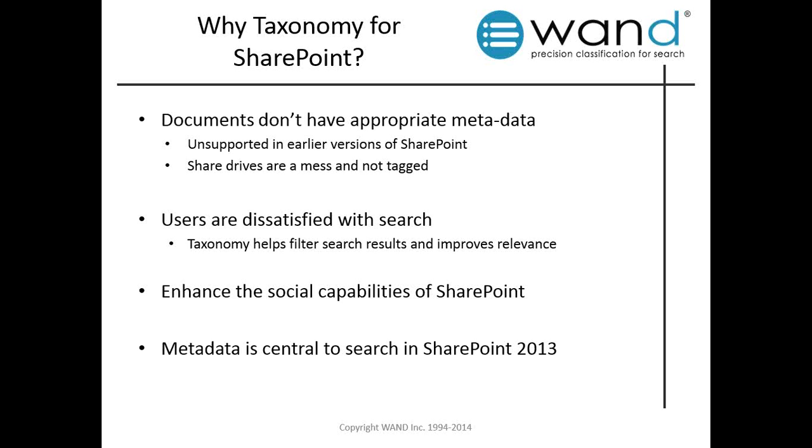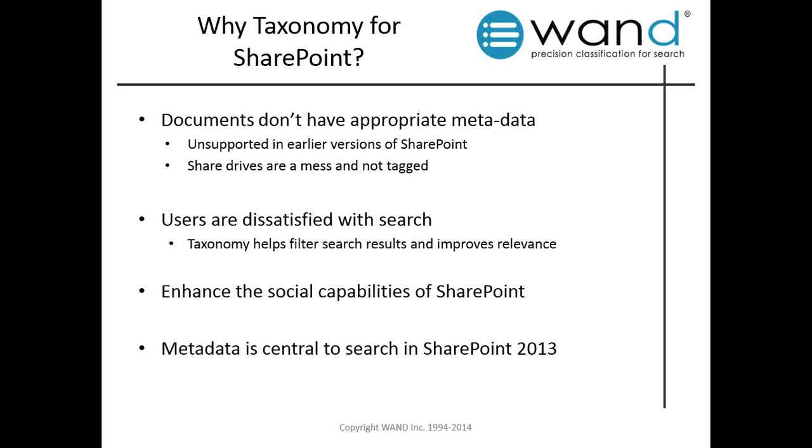And then finally, certainly SharePoint 2010 added a lot of value around bringing metadata and taxonomy to the table. But metadata is even more important to the search in SharePoint 2013, I should say. There's been a big enhancement to the search engine in SharePoint 2013 versus the SharePoint 2010 search. Microsoft brought in a lot of the features of FAST and just integrated them out of the box.